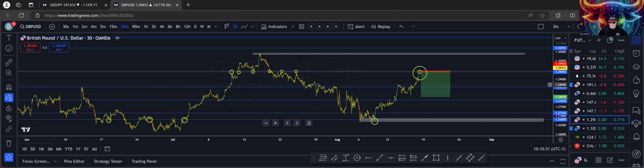This is guessing what price is going to do when it reaches a peak or a valley, a high or a low, whatever you want to call it: support, resistance, supply and demand, strong move away. All of these buzzwords. I'm sorry, but that is scary.